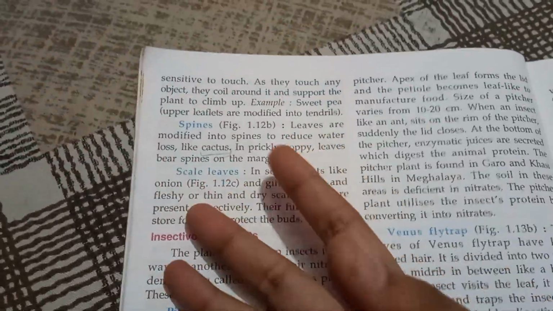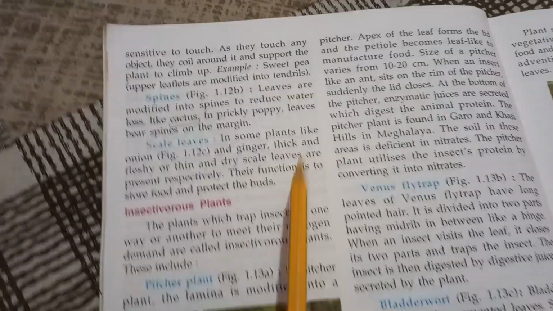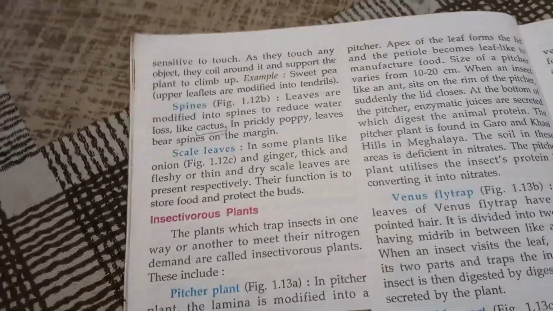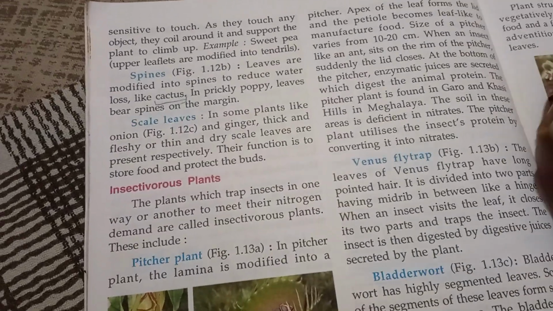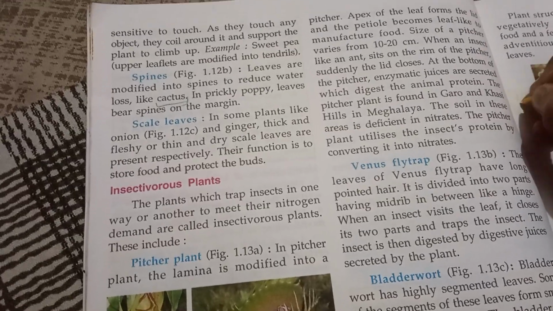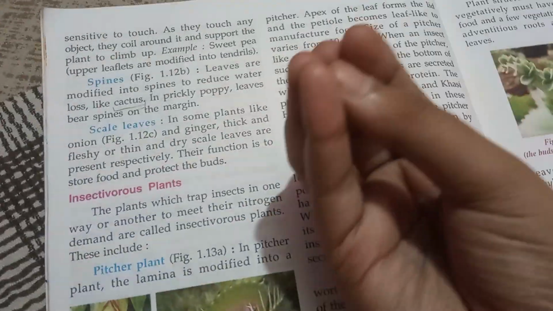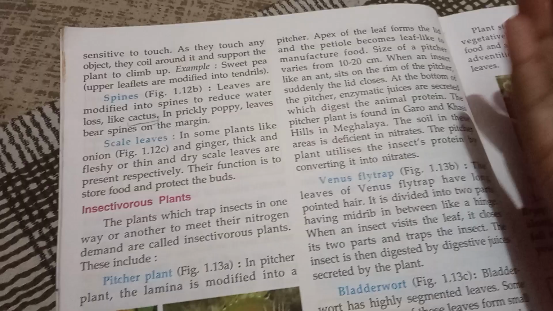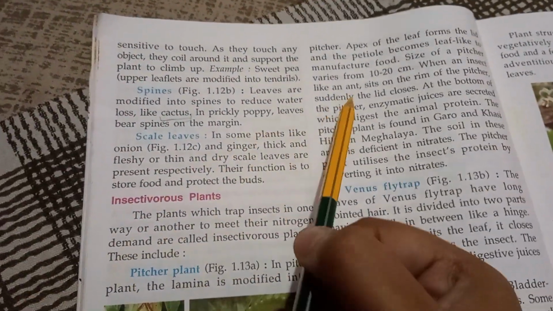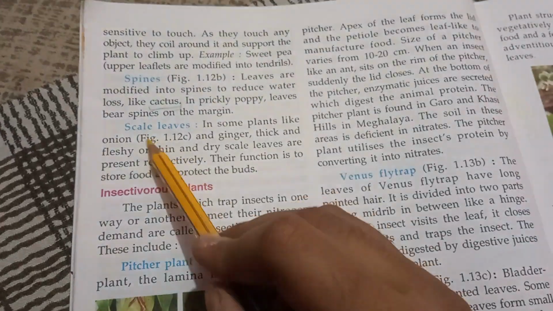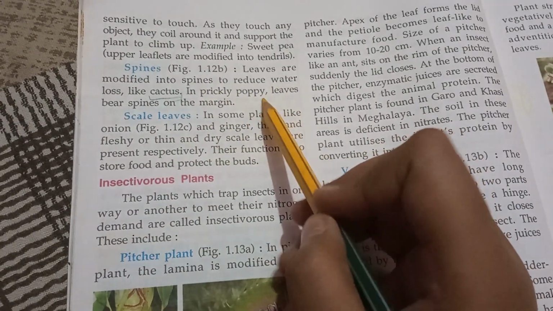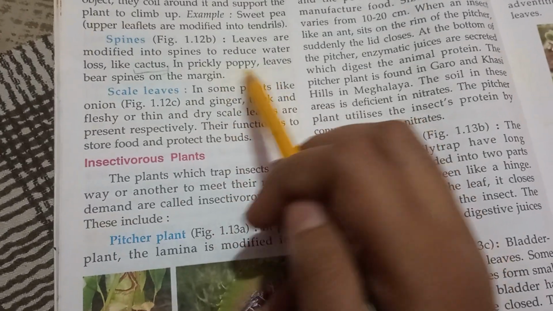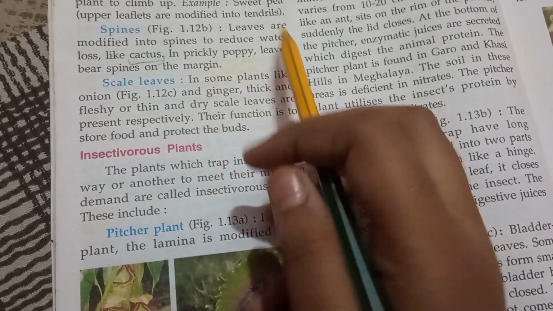They have very little rain there, so they just pop up here and there. They don't have leaves, so they create spines. Leaves are modified into spines to reduce water loss or transpiration. The examples are cactus and prickly poppy. Leaves bear spines on the margin, as I told you.